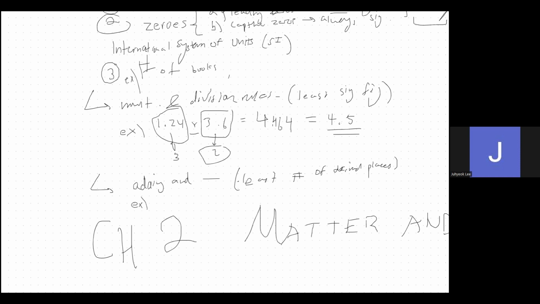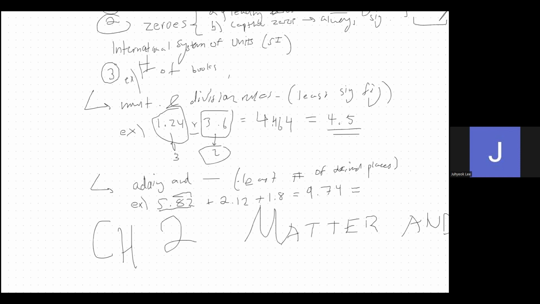So let's take 5.82 plus 2.12 plus 1.8. Now, if you do this in your calculator or you do it in your head, you get 9.74, which is going to be equivalent to how many sig figs? Well, we're not looking at sig figs here.